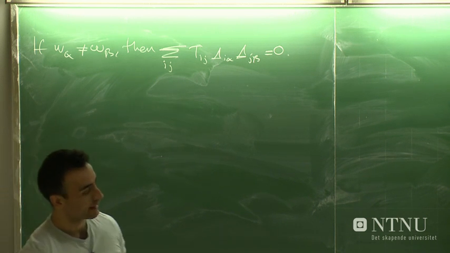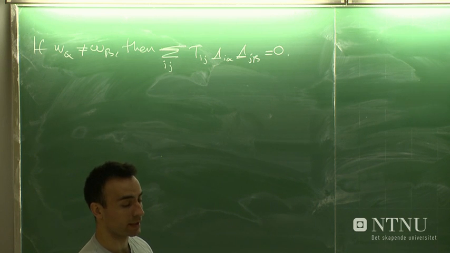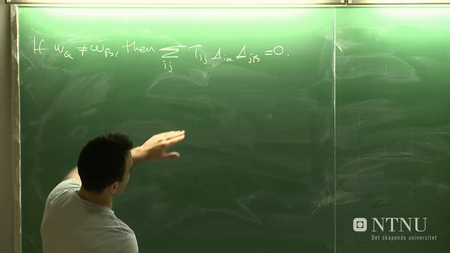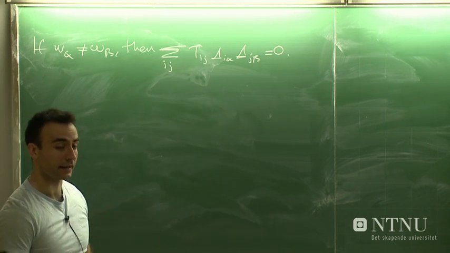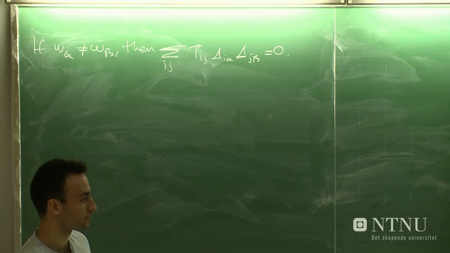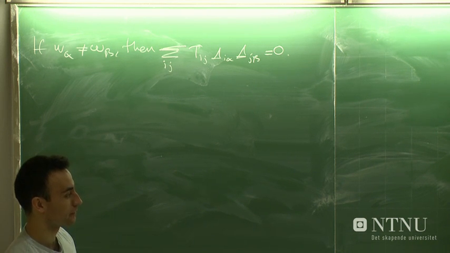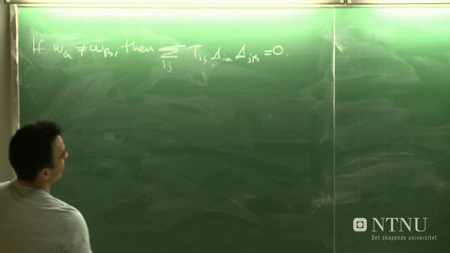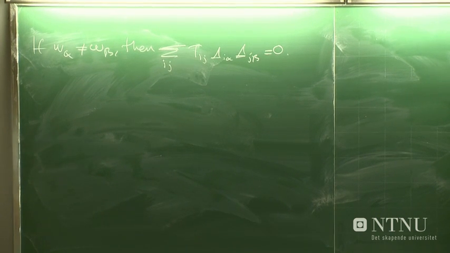So in other words, if the eigenfrequencies are distinct for any alpha and beta, then this expression has to be 0 for any alpha and beta. That's the only way to satisfy this equation. That's a simplification, I would say. It's equal to 0.